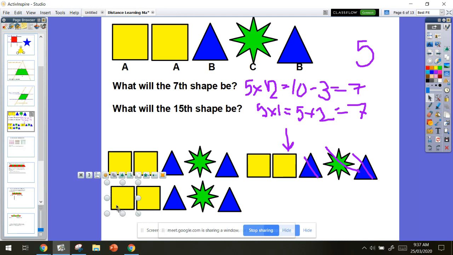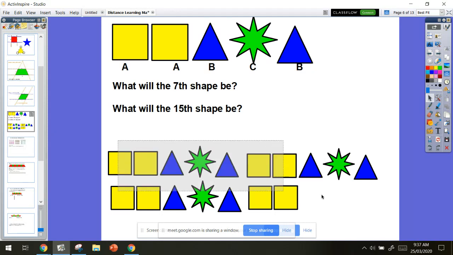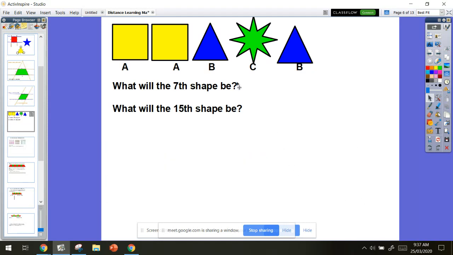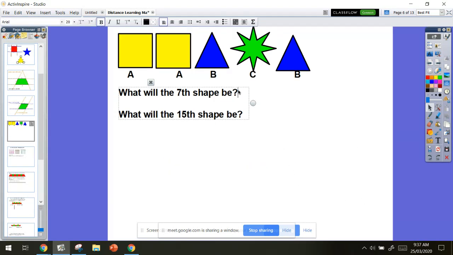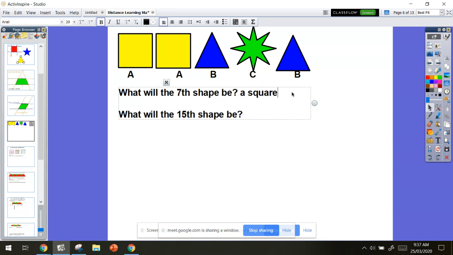So I'm going to add 1 and then this one, plus 2 equals 4. A. Equals this yellow. Yes, very good. Okay. So the 7th shape would be a square. A. Yeah, it would be A.